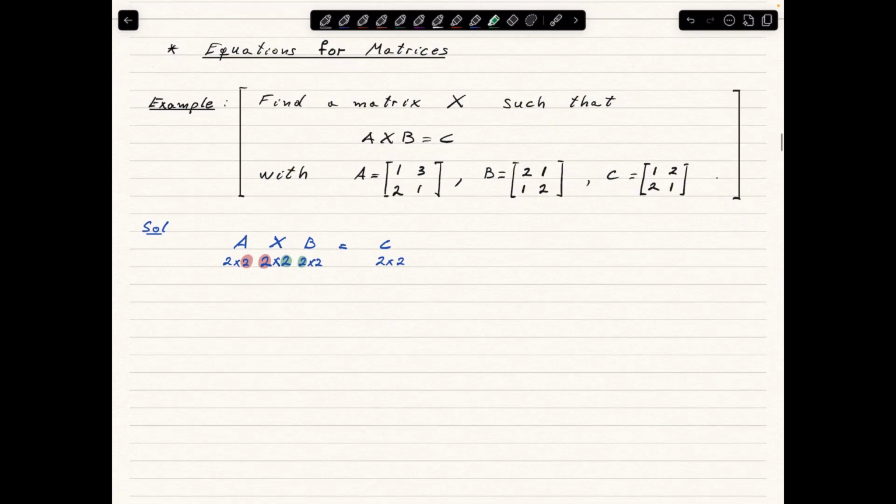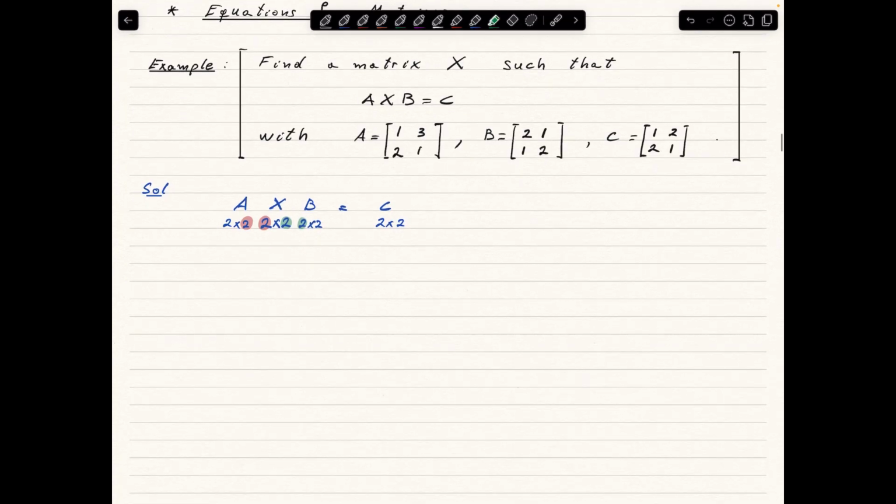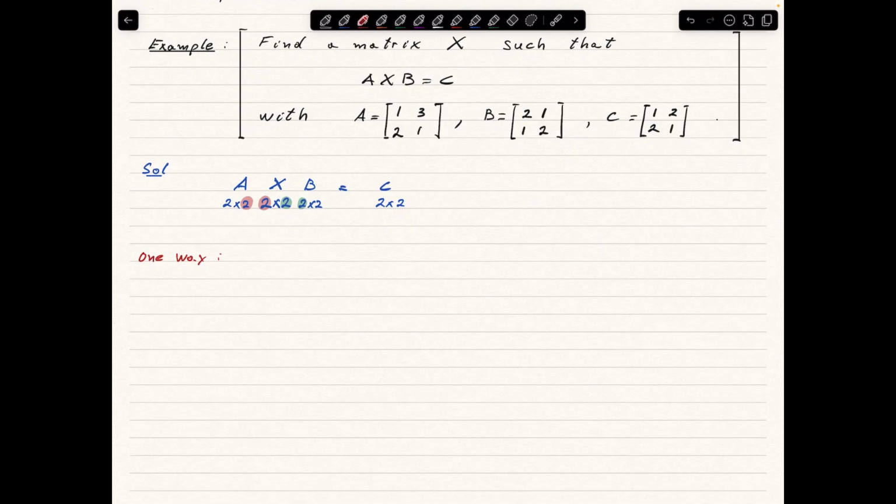Alright, now that we know what is the size of matrix X, there are at least 2 ways to solve this problem. One is the old way. So the first way is, well, write down all we have, which is matrix [[1, 3], [2, 1]].